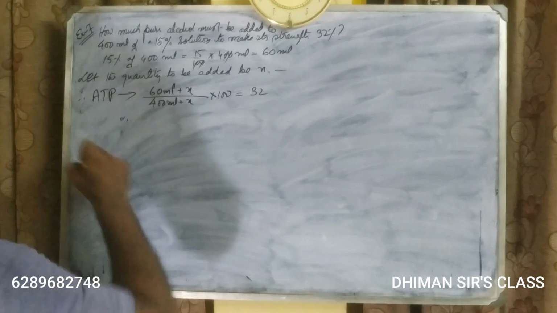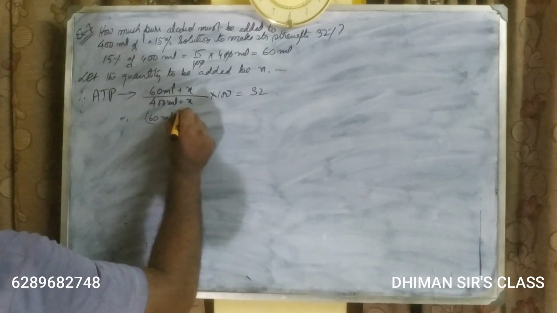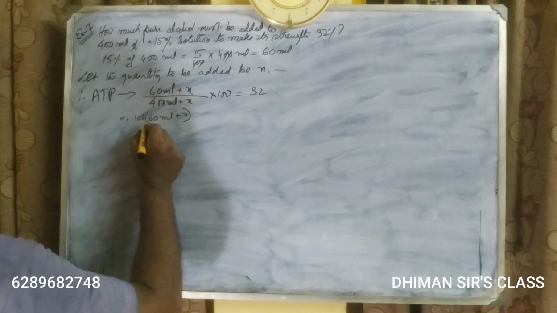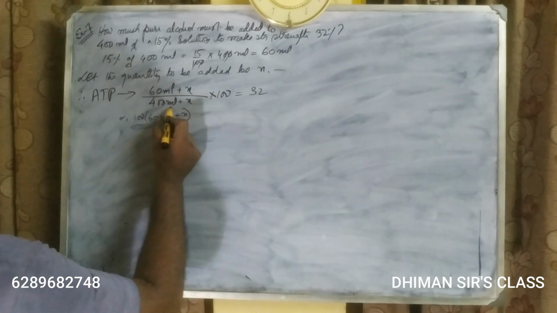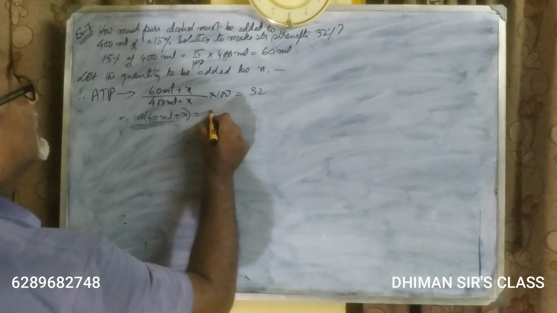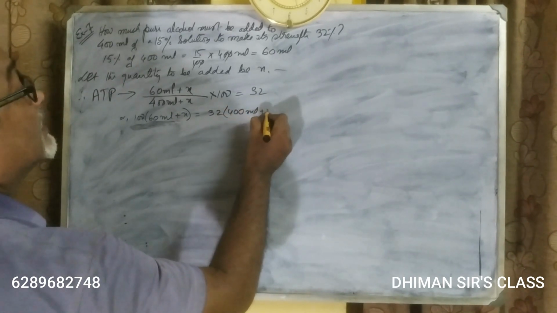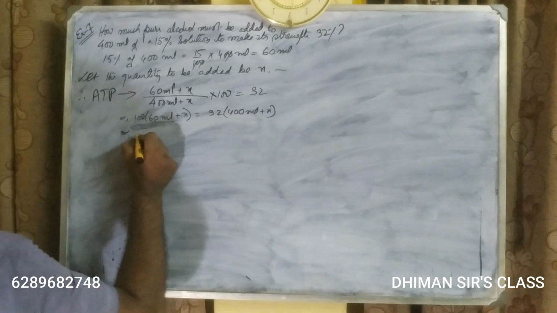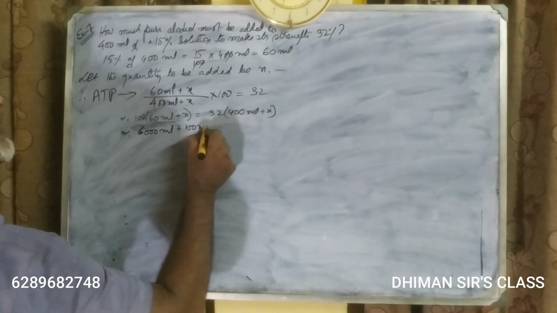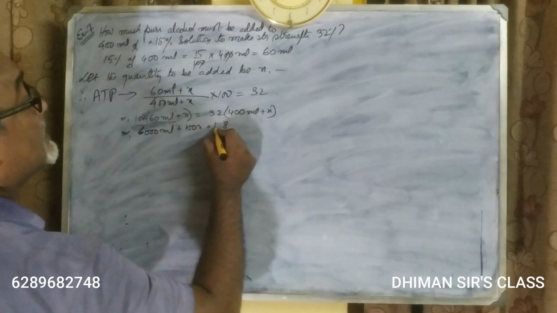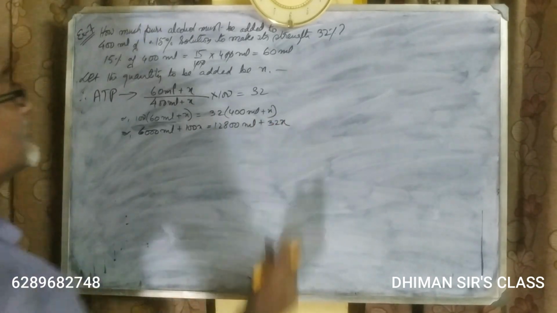So 60 ml plus X into 100, this 100 will be multiplied, or let this denominator go that side, is equal to 32 into 400 ml plus X, or 6000 ml plus 100x is equal to 4 2s are 8, 4 3s are 12, 1200 ml plus 32x.